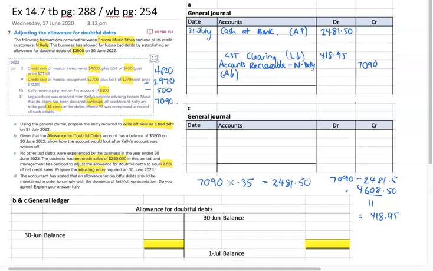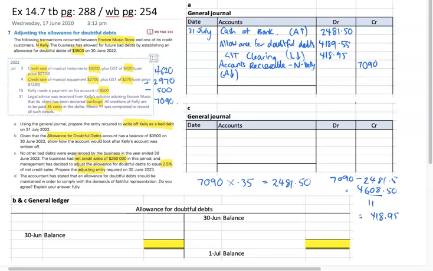What is the number that's missing that adds up to 7,090? $4,189.55. And this is the amount of our allowance for doubtful debts that has been used up by this bad debt. This is our first general journal entry. It balances.